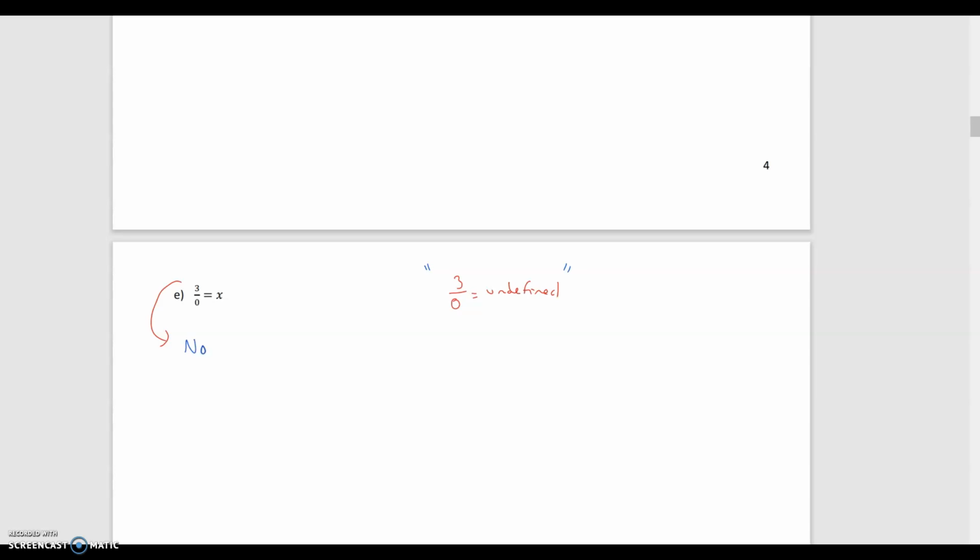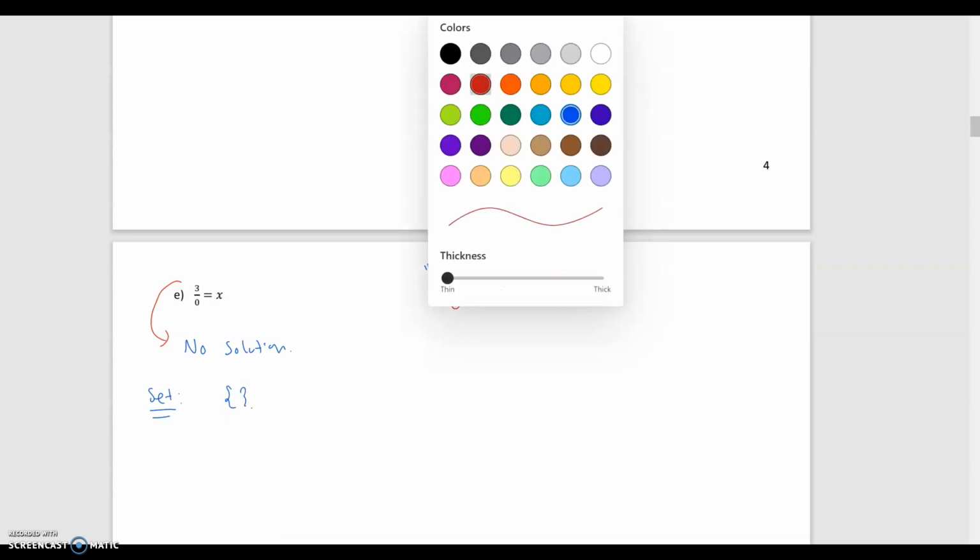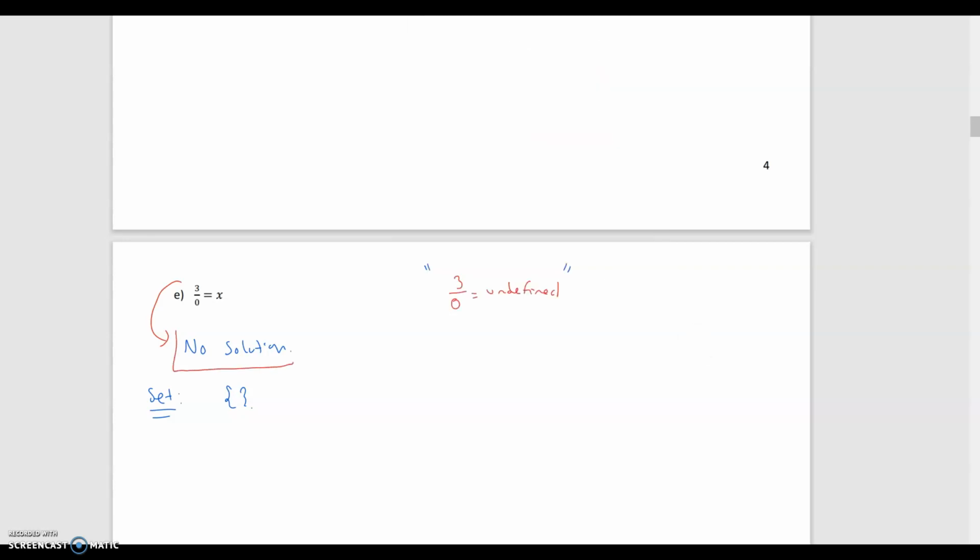And in this case, it'll be a no solution. And if they want a set, it's going to be technically the empty set. But you do have to mention in your work that the division is not defined. So you're not able to divide by 0. Since 0 is in the denominator, this is one of the special cases that showed up earlier. This is a no solution.